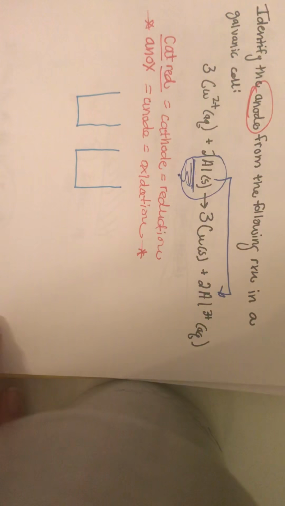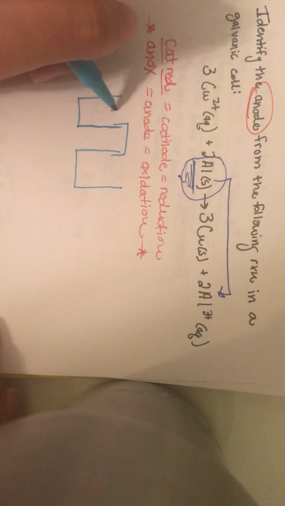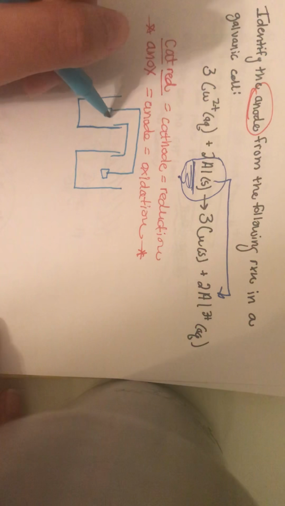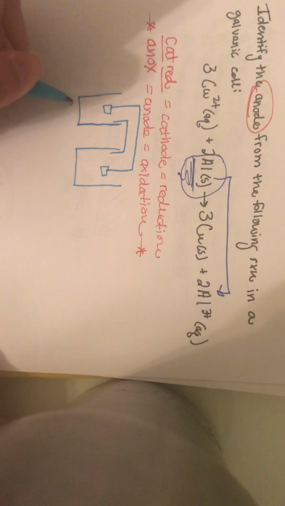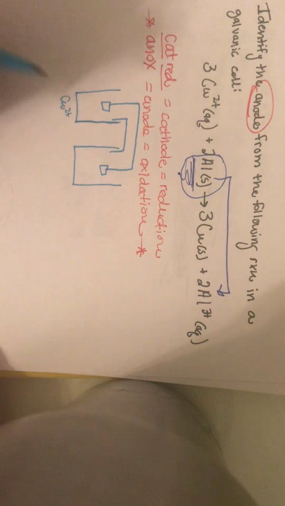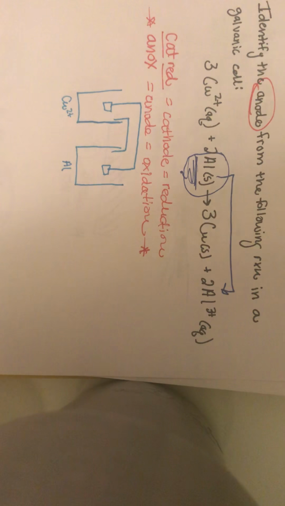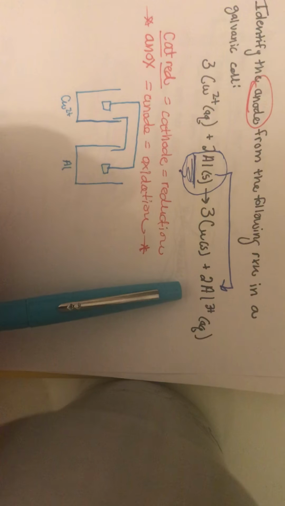So these are the two separate containers. This is the salt bridge, and then this is where the electrons are flowing. So if you have Cu2+ on this side, and then you have Al on this side, your electrons are going to flow from Cu2+ to Al in order to oxidize it.